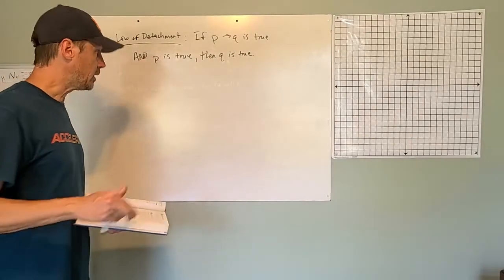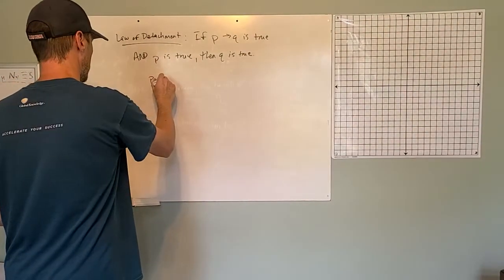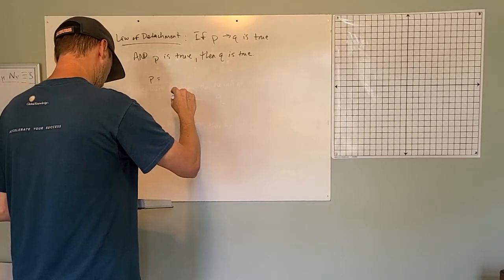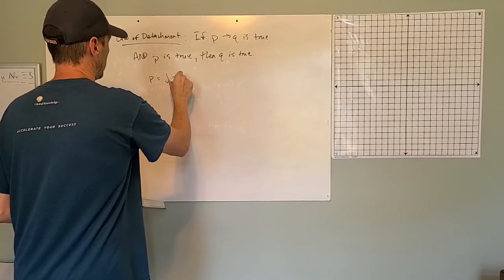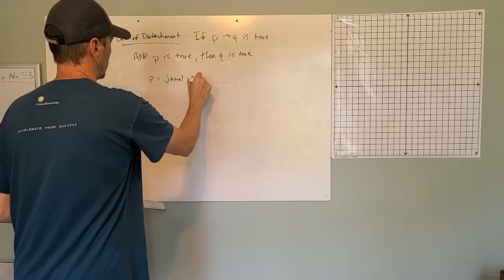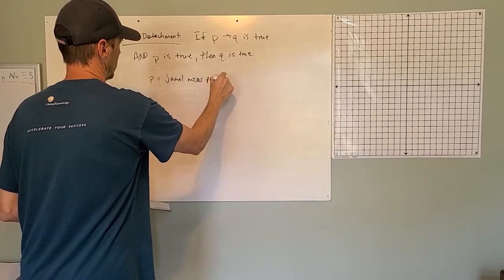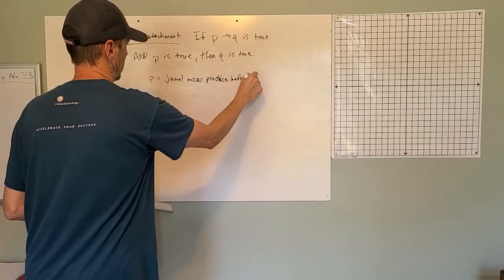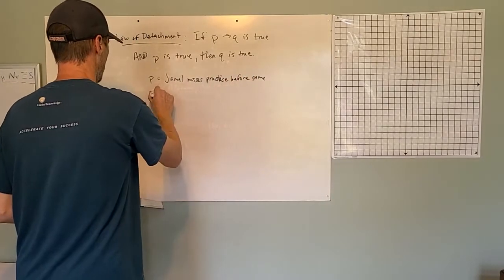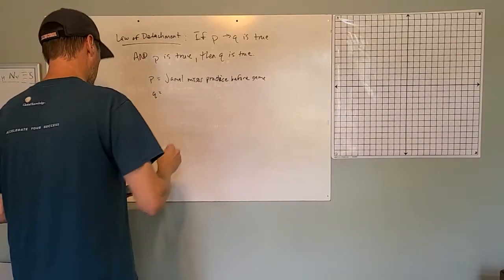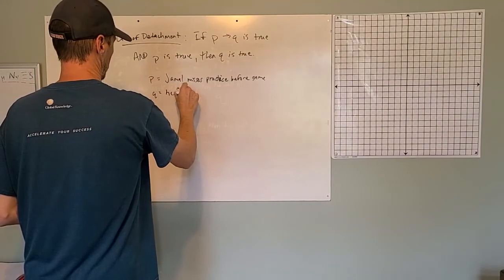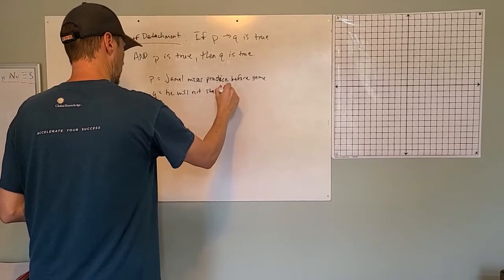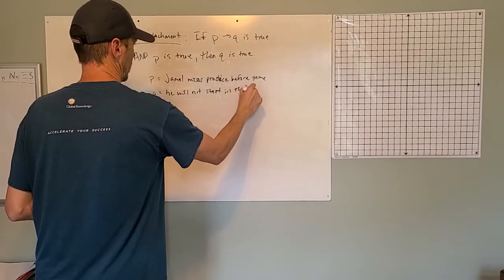What is P? P for this one is Jamal misses practice before the game. Q is he will not start in the game the next day.